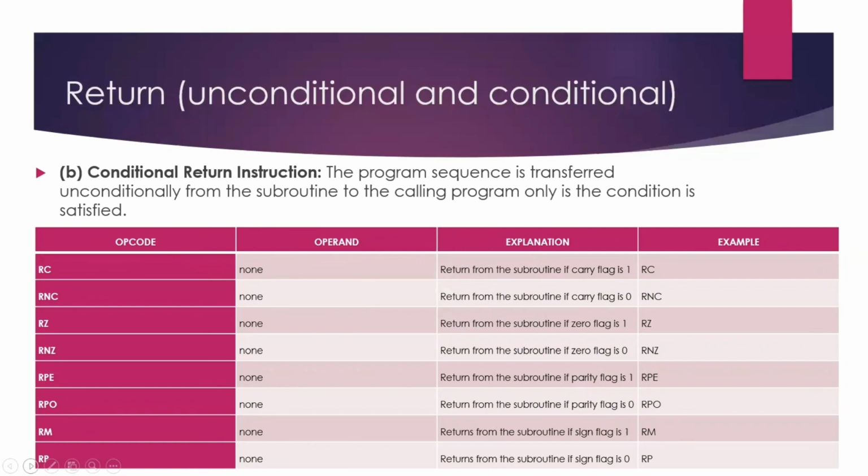RPE is return if parity even, and RPO is return if parity odd, parity flag is 0. RM is return minus, return from the subroutine if sign flag is 1, known as minus. RP is return plus, return from the subroutine if sign flag is 0.